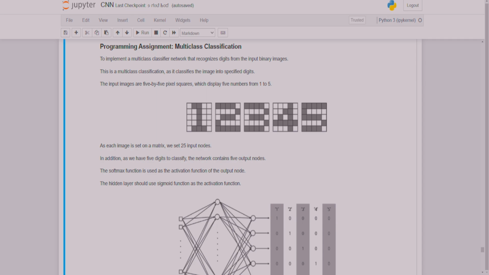So the input is a matrix. Corresponding to each and every digit you have, you create one matrix. The only difference between the previous code we wrote and this code is that the input is a matrix now. Previously it was just one row.